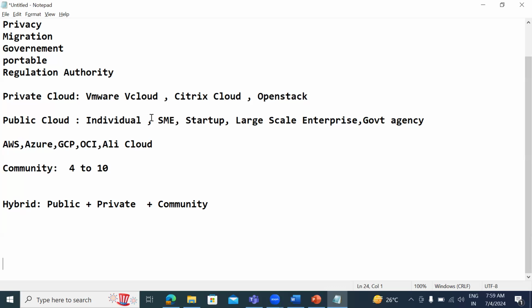And the overall cost also can be reduced. So that is the main advantage of it.